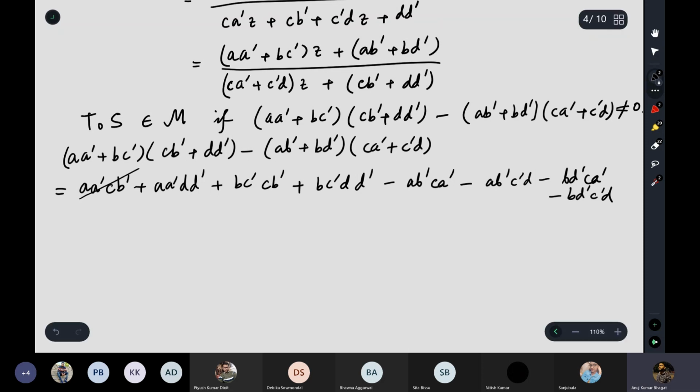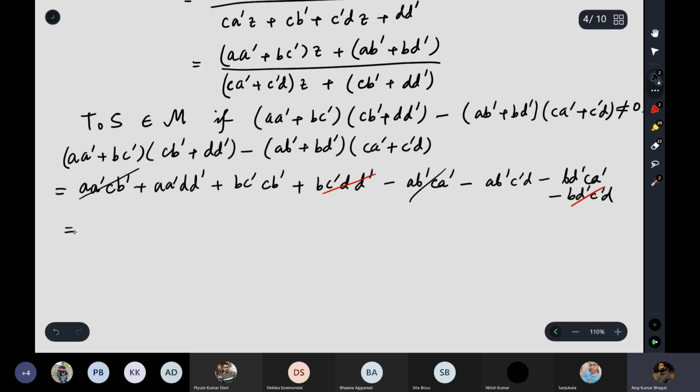A' will cancel with which one? Can you tell me? This term, right? Please check. And this term will cancel with BC', I guess with the last term, right? It has B, then C', D. So this will get cancelled.